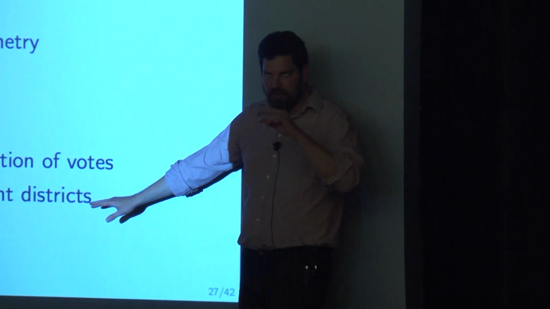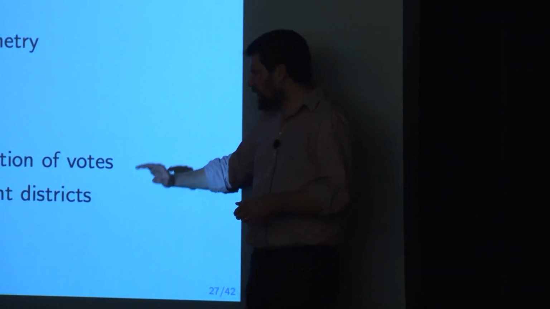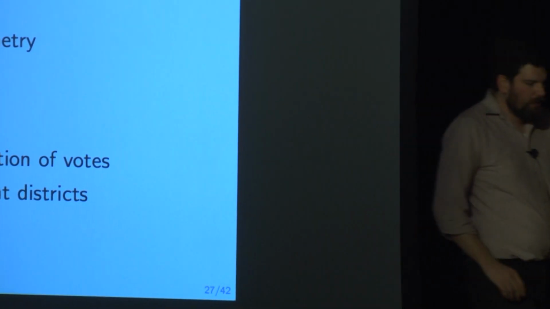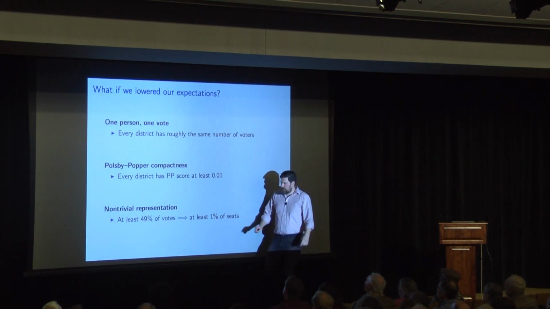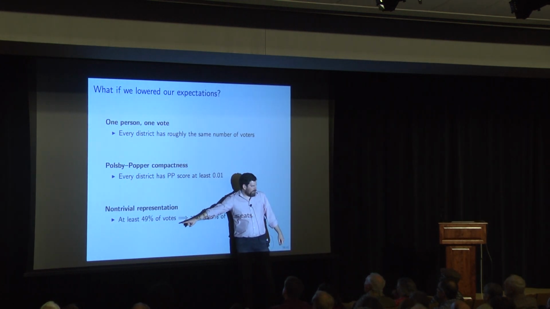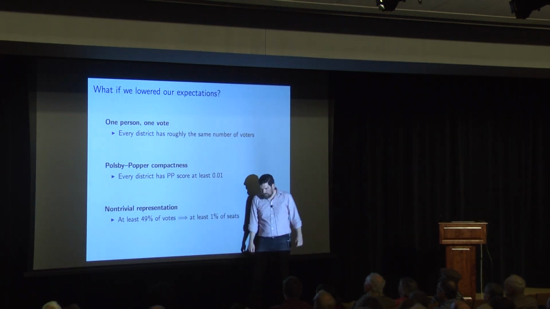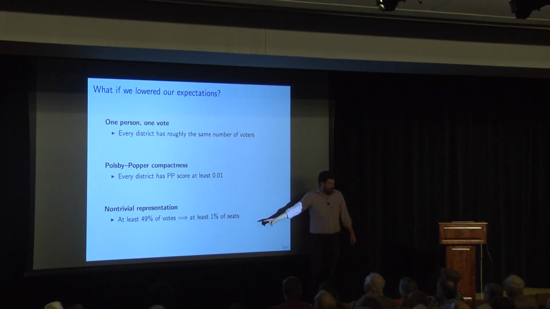I'm going to talk to you about something even simpler. I'm not going to ask that a bunch of votes are wasted, or the opposite of that. I'm not going to ask that we don't waste many votes. I'm not even going to ask for proportionality. I'm going to ask simply, can I make it where if my party gets at least 49% of the votes, then my party gets at least 1% of the seats?